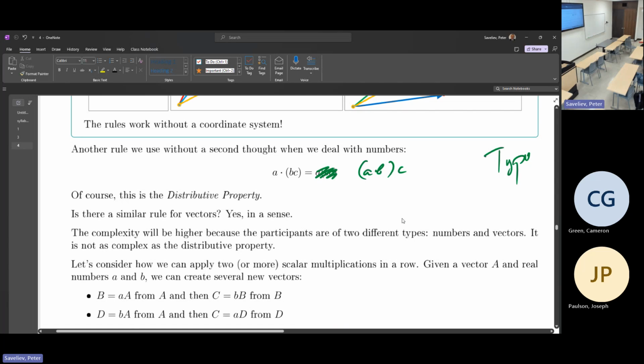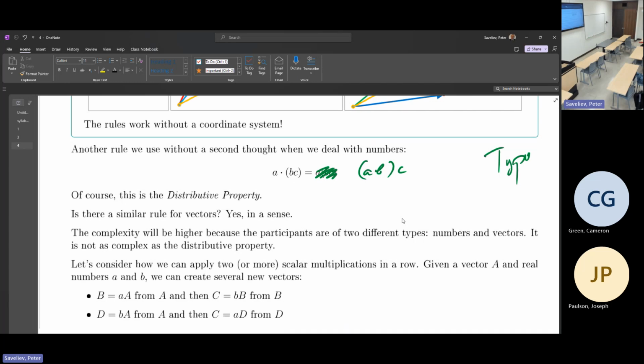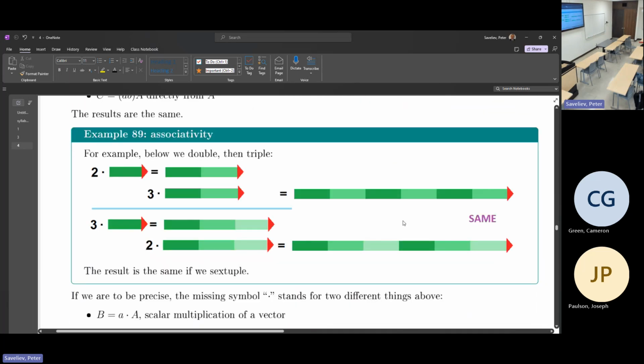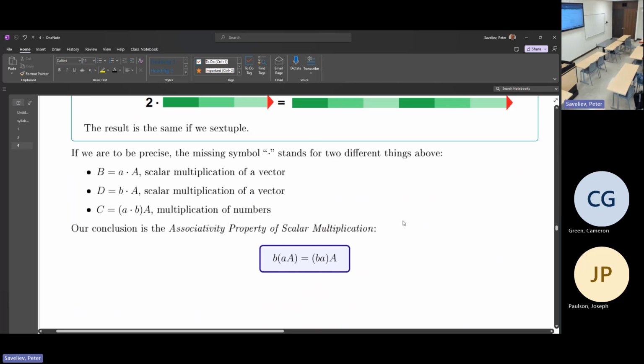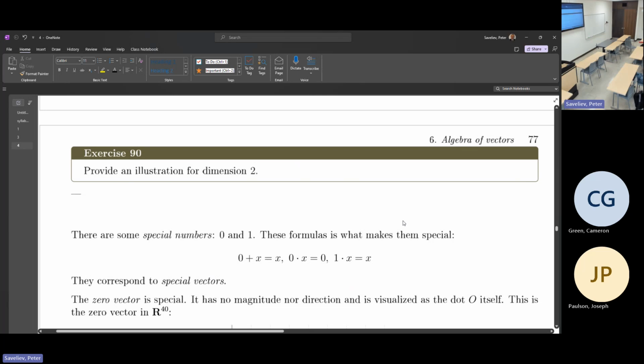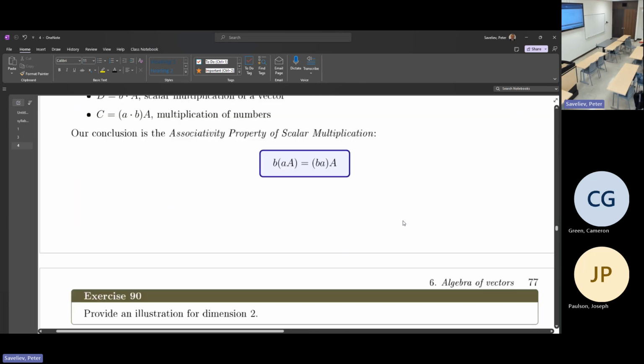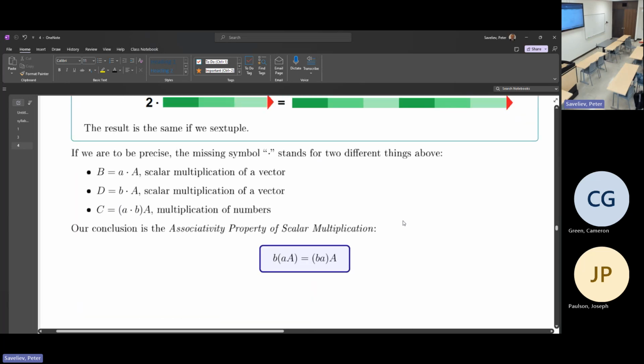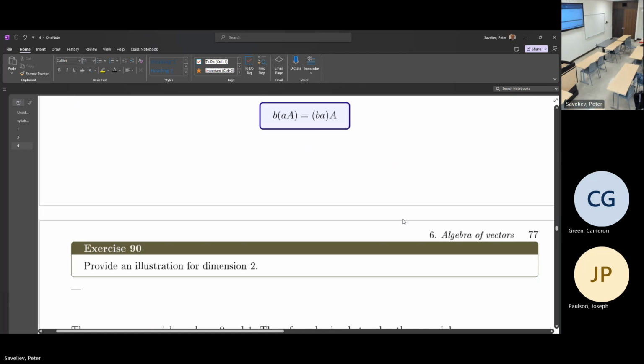You stretch by B, C is a vector, you stretch by B and then you stretch by A. Or you first multiply A and B and then stretch. Naturally, you can get that the answer is the same. You can discover it right here with stretching of vectors in multiple dimensions. You must have done it before with vectors, with functions.